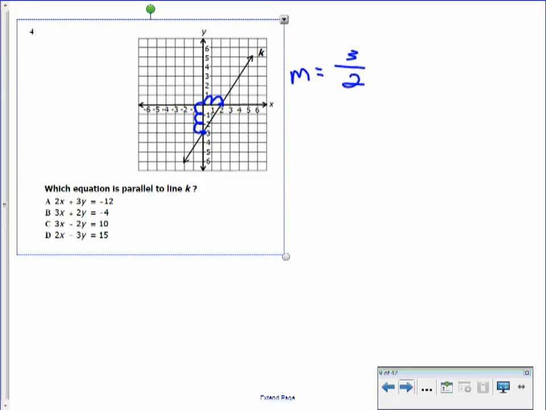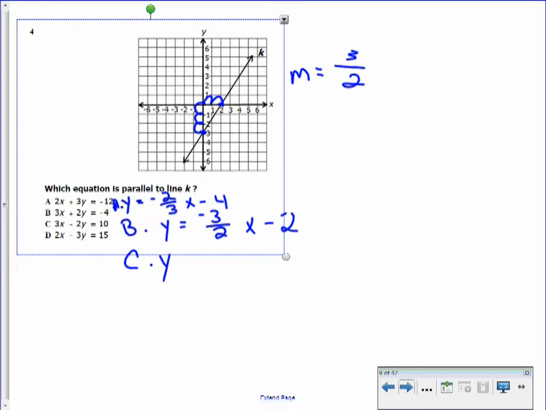And so once again, we do a bunch of rearranging. For A, when I rearranged it, I got y equal to -2/3 x minus 4. So that, of course, doesn't match. For B, I got y equals -3 halves x minus 2. So it matches the 3 halves, but that one's negative, so that doesn't work.